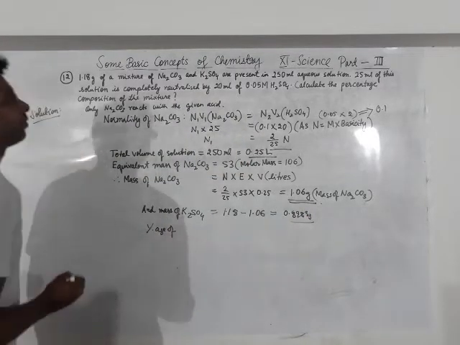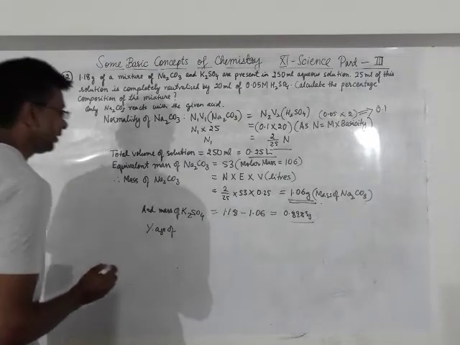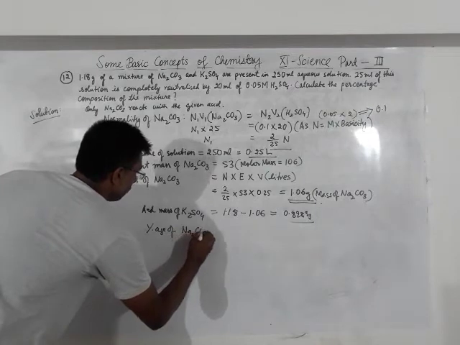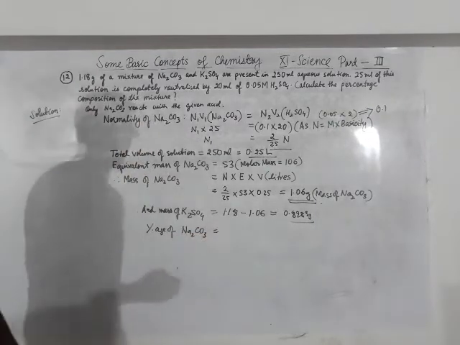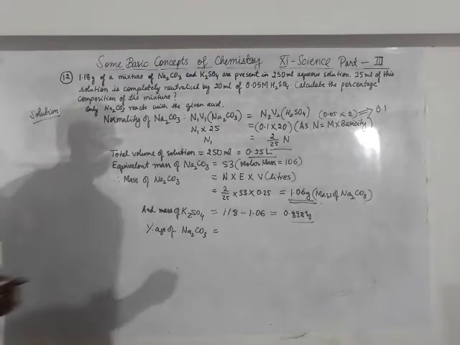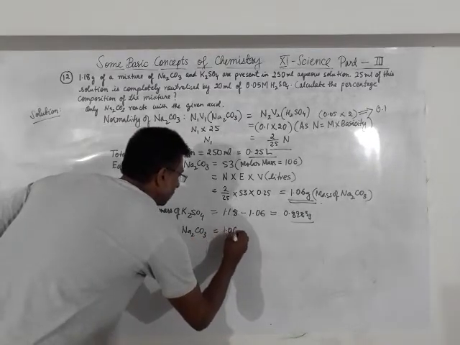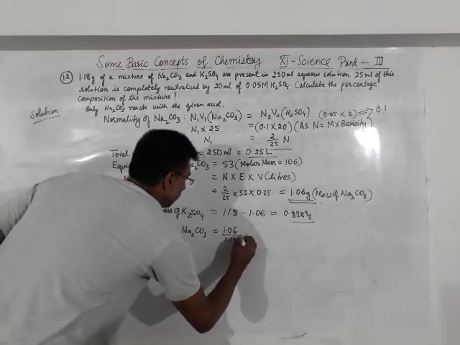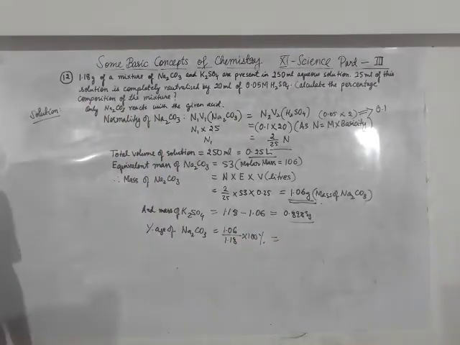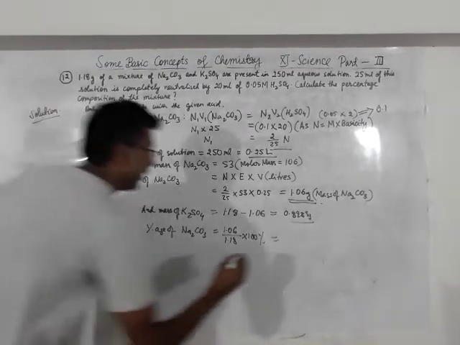Percentage of the first one, sodium carbonate, Na2CO3, will be equal to 1.06 by 1.18 into 100%. That comes to roughly 89.83%.